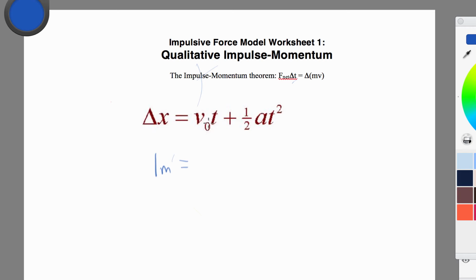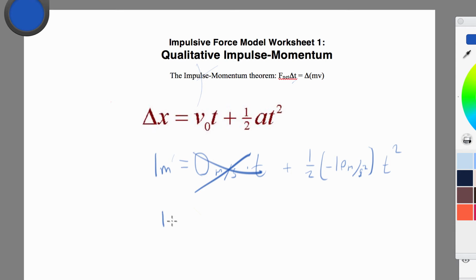The initial velocity of the ball is 0 meters per second because it hasn't been dropped yet, times time, plus 1/2 times the acceleration of the ball, which is negative 10 meters per second squared on Earth, times the time squared. Now, anything times 0 is 0, so we can X that out.